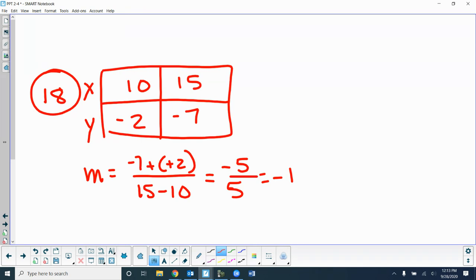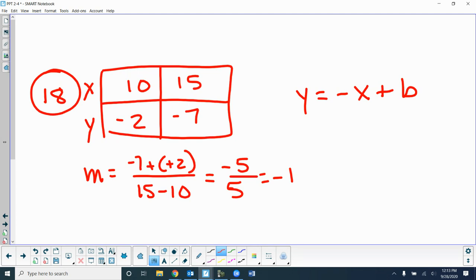And then you pick one of the 4 points to plug in. Do you like doing y equals mx plus b or the point slope? Why? Okay. It's just easier. For sure. So you put it like that, and let's just pick the first point.